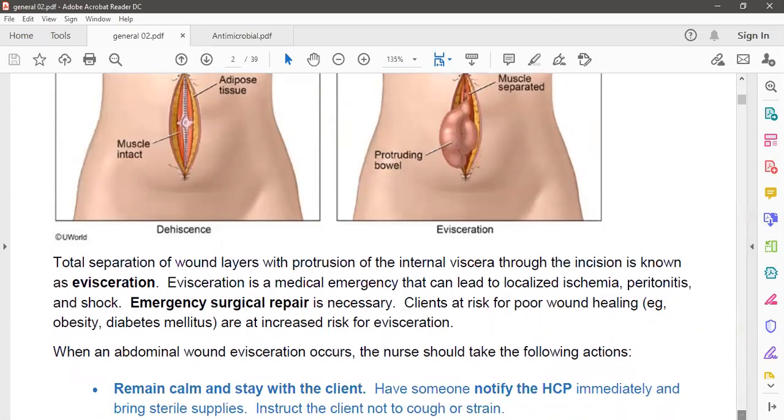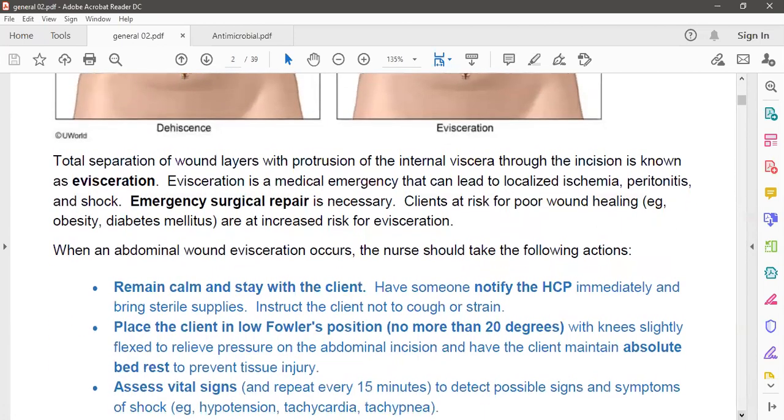What next? Total separation, let me read it one more time. Total separation of the wound layers with protrusion of the internal viscera through the incision is known as evisceration. Evisceration is a medical emergency that can lead to localized ischemia.